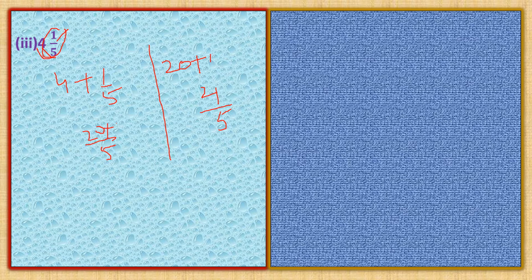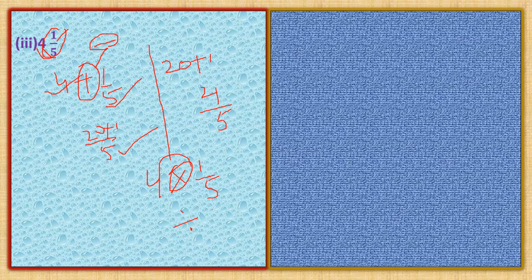Okay, children, one thing I want to say to you: if there is plus or minus in between the rational numbers, this is a rational number, this is also a rational number, right? If there is a plus or minus in between the rational numbers, then only you should take LCM. If it is like this, 4 into 1 by 5, then you should multiply 4 into 1, 4 by 5, because multiplication and division will not separate the terms.